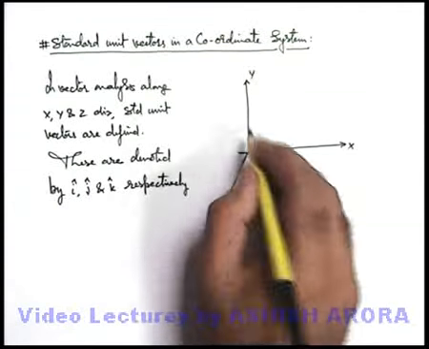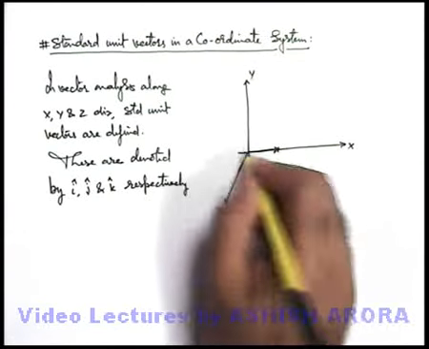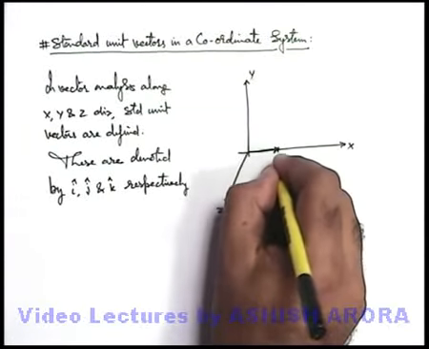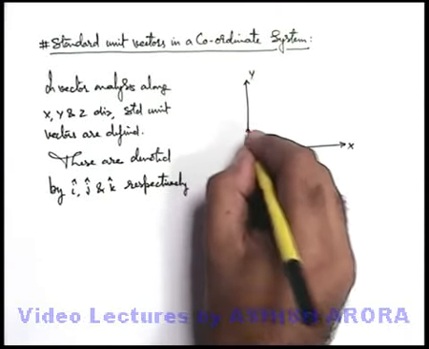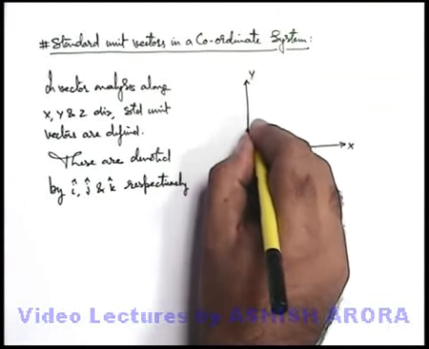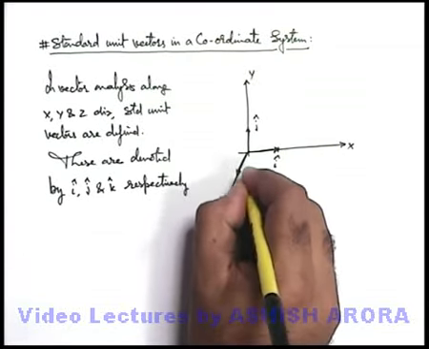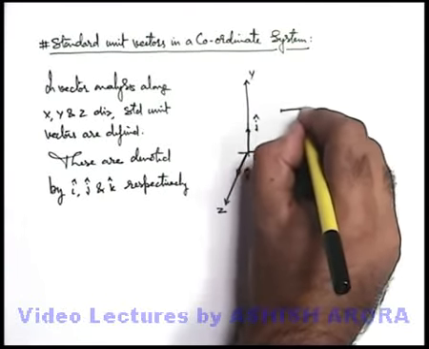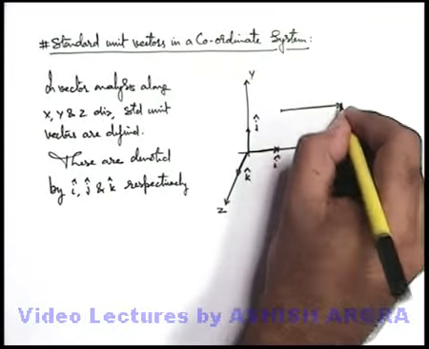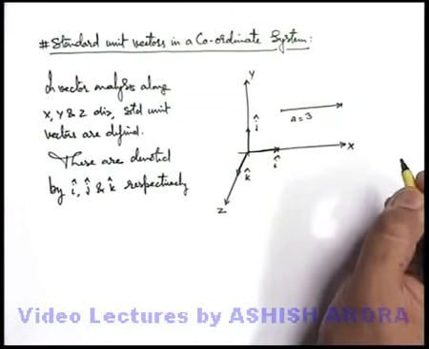In the x direction, a vector of length unity is denoted as the standard i cap. Similarly, in the y direction the vector of unit magnitude is written as j cap, and in the z direction it is written as k cap. If we have a vector parallel to the x-axis with magnitude 3, this is a vector A with magnitude 3.